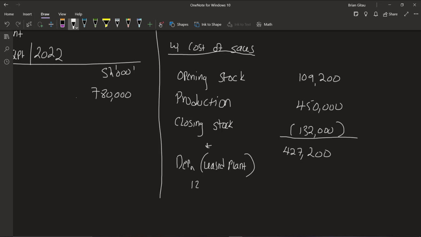So 186,000 minus the scrap value divided by 5 years. So 186,000 divided by 5. Let's get our calculator for that one. We have it as 37,200, so we include it here. Fine.